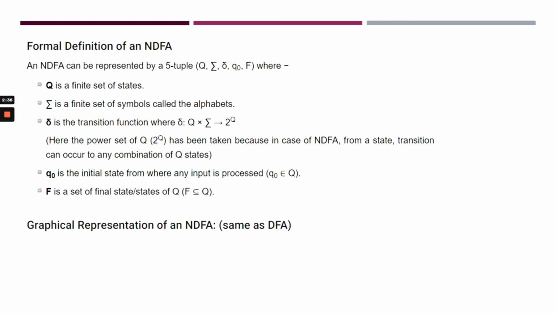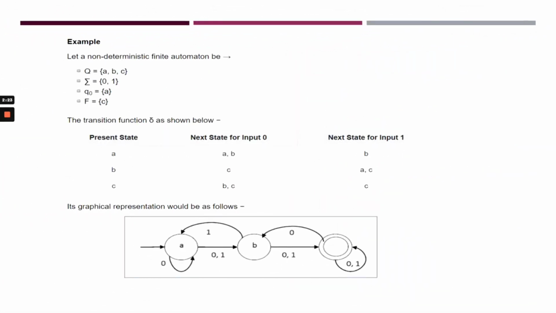If it is 2 power Q, then it is NDFA. So Q0 is the initial state and F is the final state. The graphical representation of NFA is same as DFA. So let us see an example for NDFA.